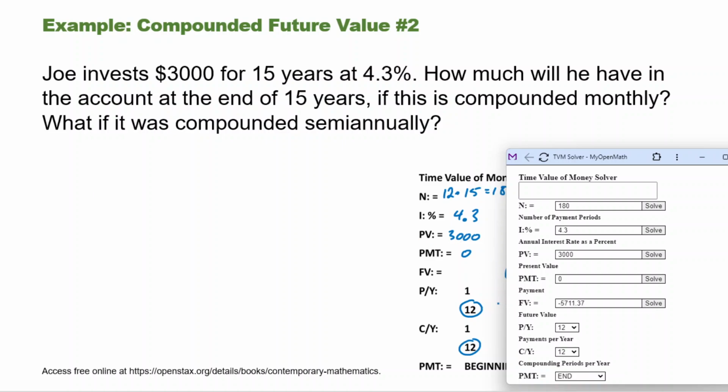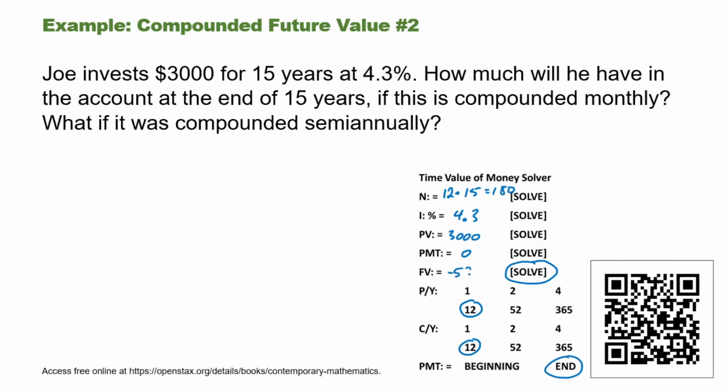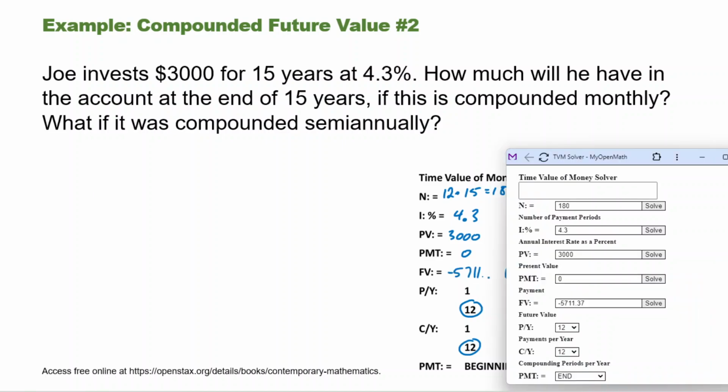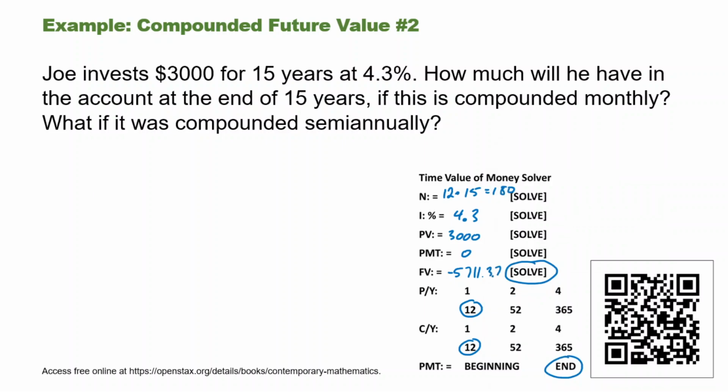And that is negative 5,711 and 37 cents. And so we have a future value, if this is compounded monthly, of positive $5,711.37.